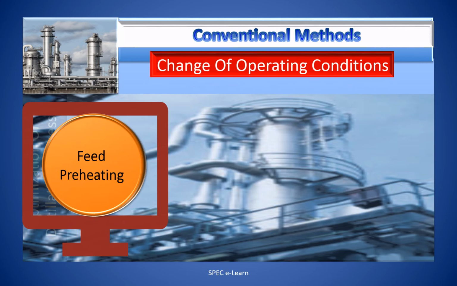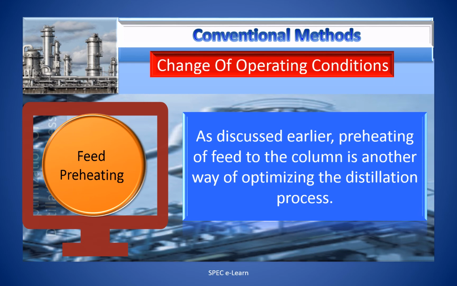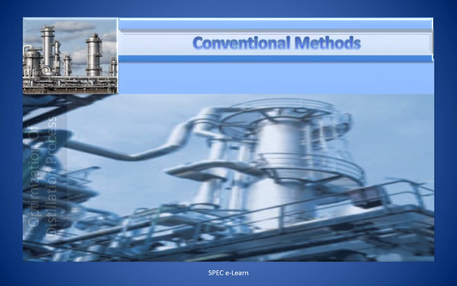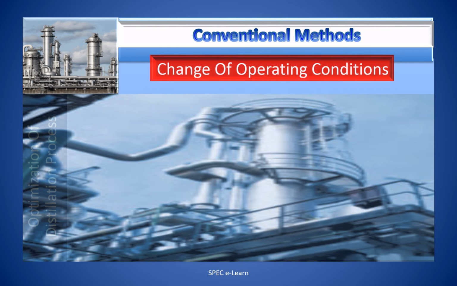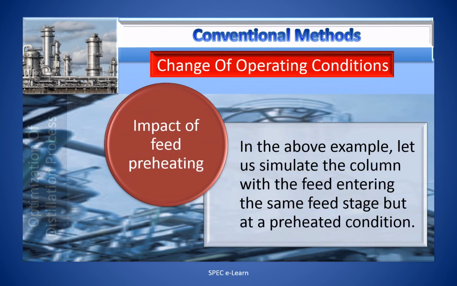Now we will see the impact of preheating in this case study. As discussed earlier, preheating of feed to the column is another way of optimizing the distillation process. In the above example, let us simulate the column with the feed entering the same feed stage but at a preheated condition.